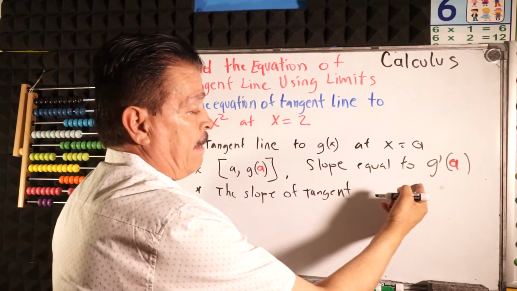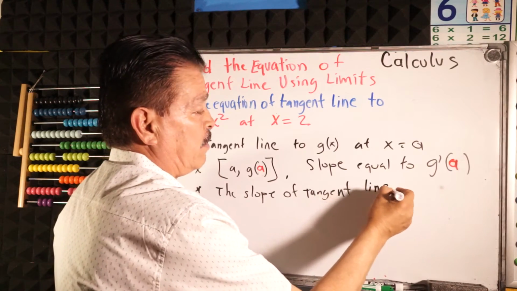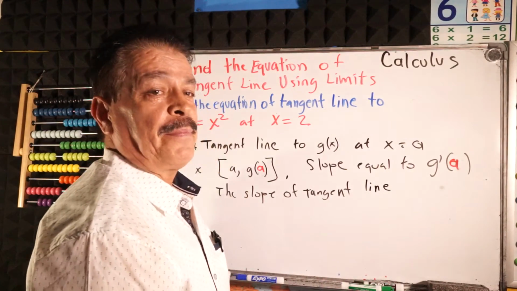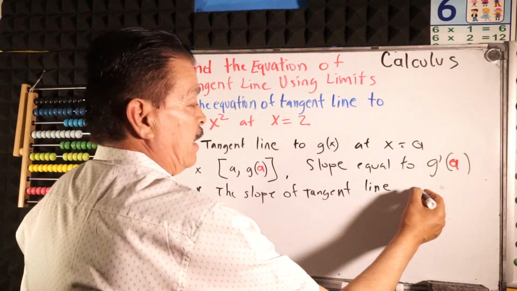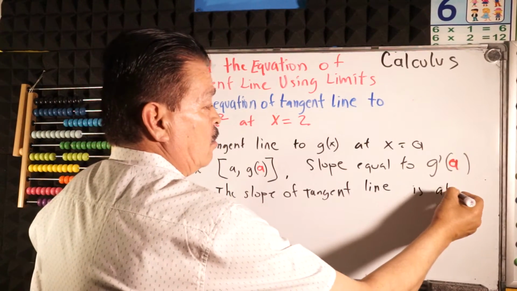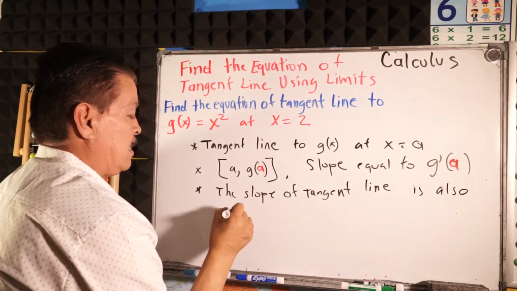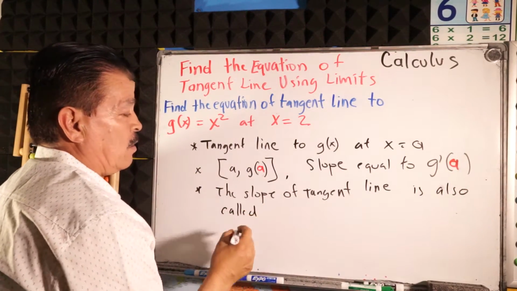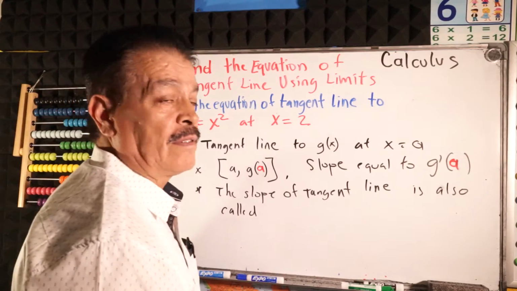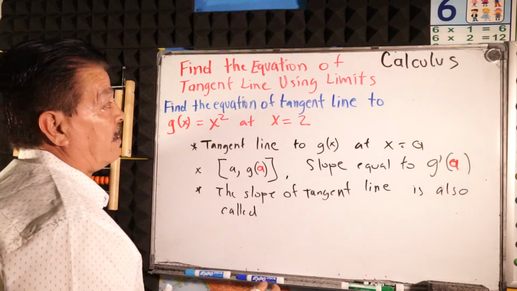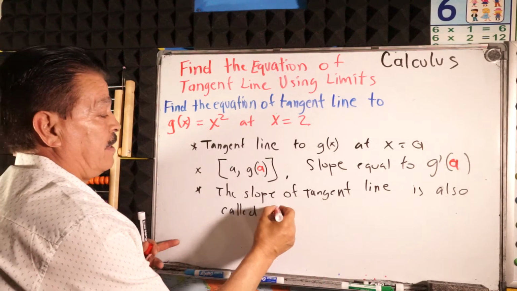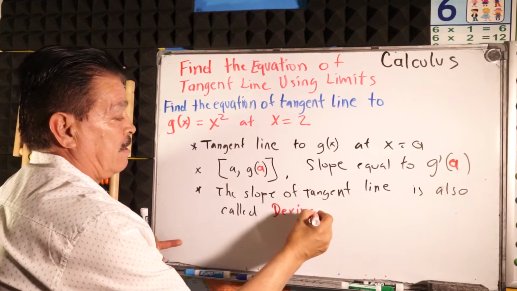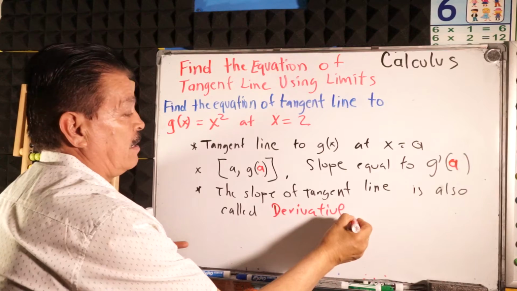This tangent line, let me write right here, is also called a derivative. So we are talking about the derivative. It's also called the derivative.